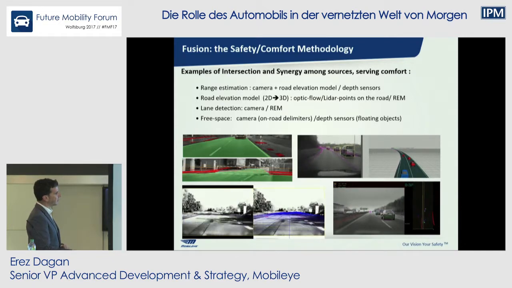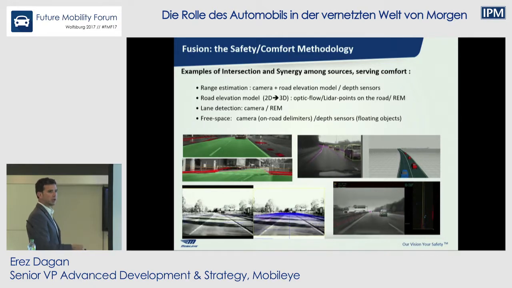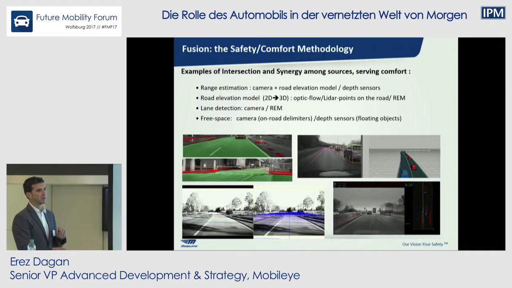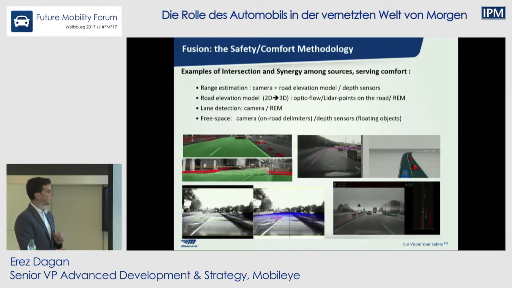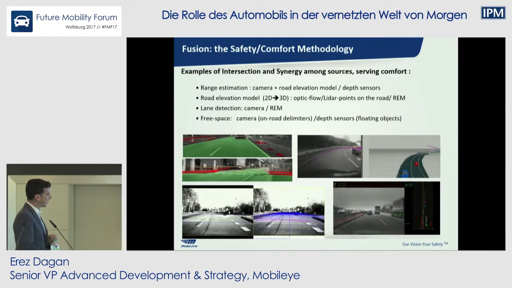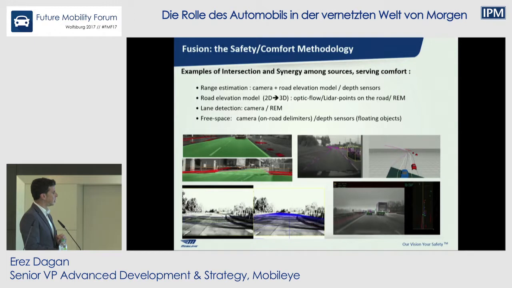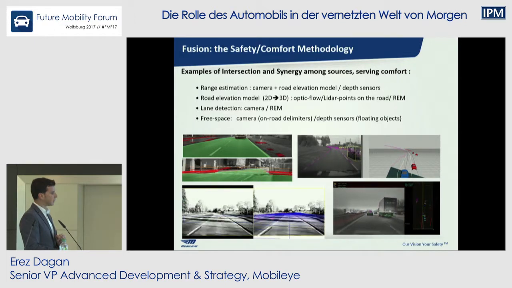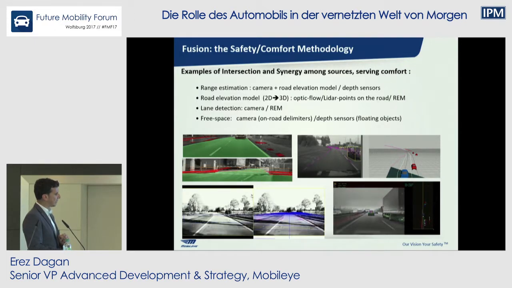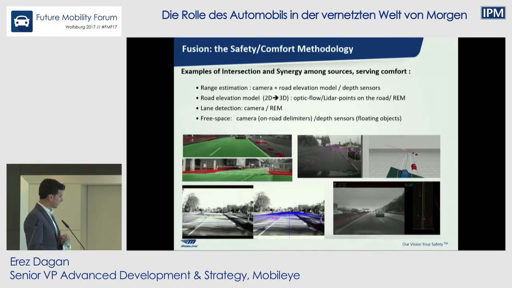As another way, redundantly to this approach, you can also use depth sensors to get that sense of scale that we're missing. This is a very nice example. We have very elaborate technology for road surface analysis using optical flow, and we're combining it with LiDAR evidence to get this perception of the geometry ahead of us.